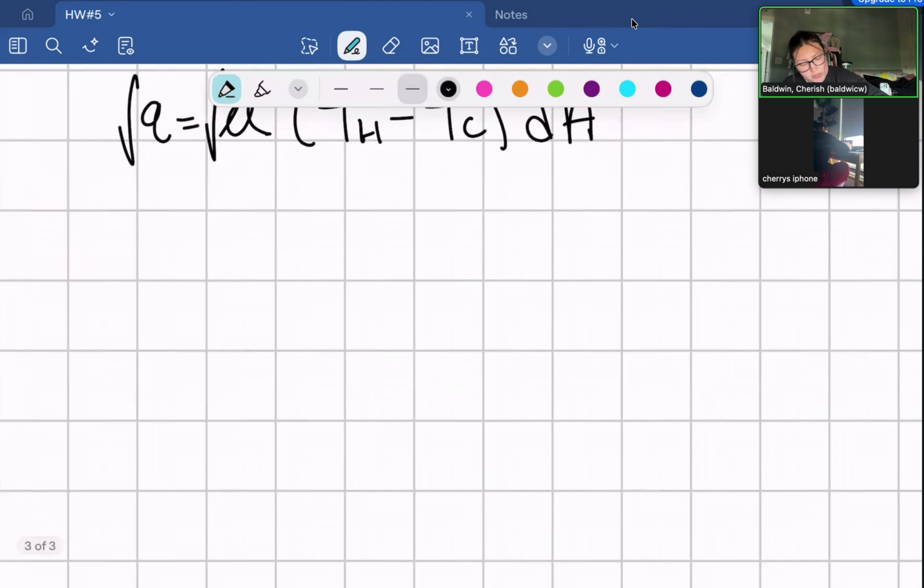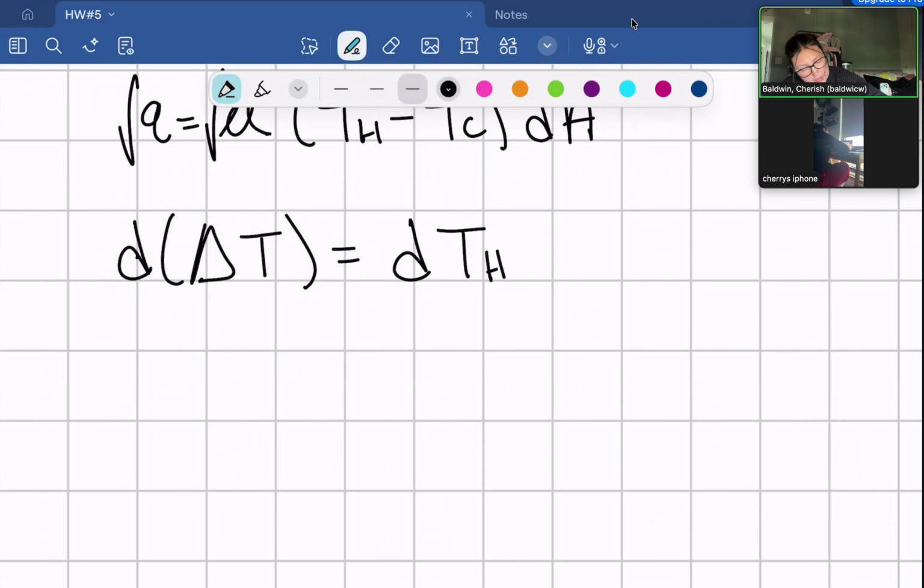So we first have to write the equation as the derivative of the temperature change driving force being equal to the derivative of the temperature hot minus the derivative of the cold temperature.